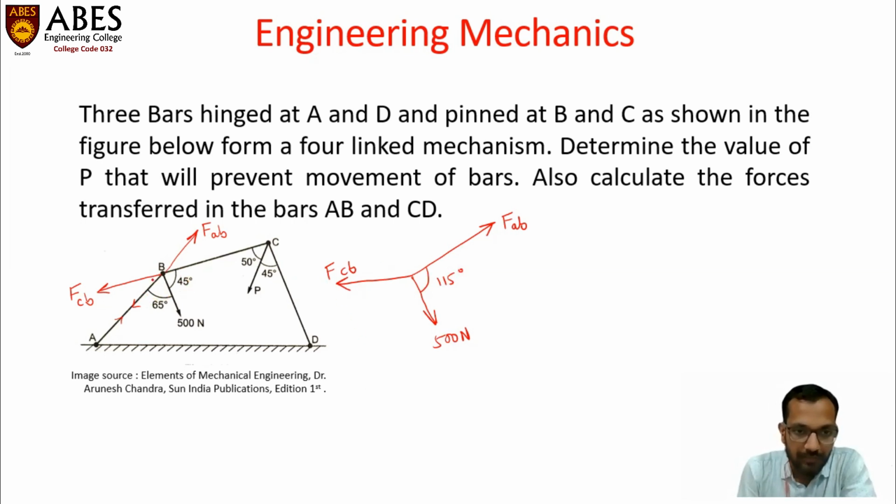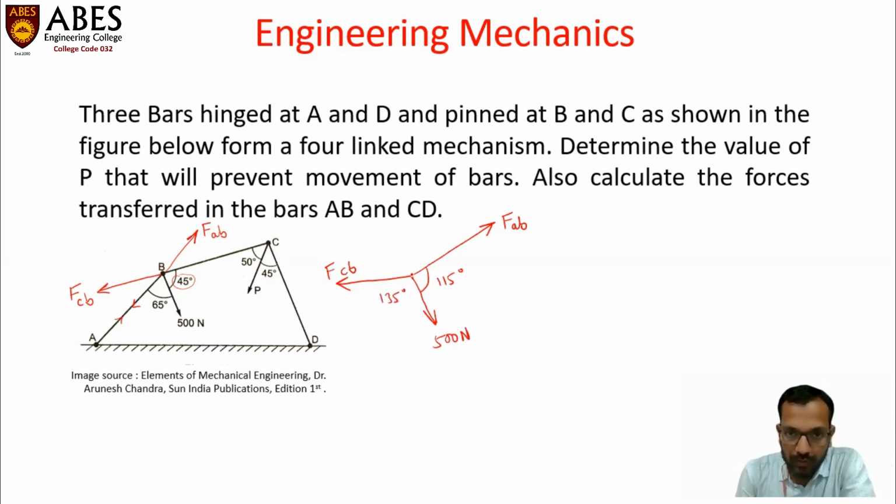Now, what will be the value of this angle? You can see this angle is 45 degrees, and this is a straight line, CB up to this arrowhead, is clearly a straight line, and this angle is 45. Therefore, the remaining angle should be 135 degrees.